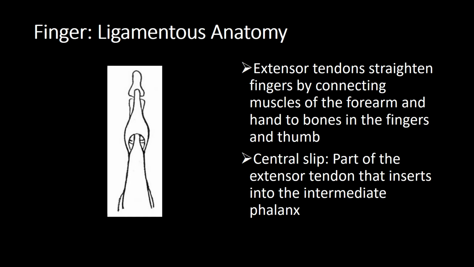Now these lateral bands are bound to the middle slip of the extensor tendon, but there is a space between these lateral bands that is elliptical in appearance, and it's often likened to that of a buttonhole. The common tendon then inserts onto the dorsal surface of the base of the distal phalanx.